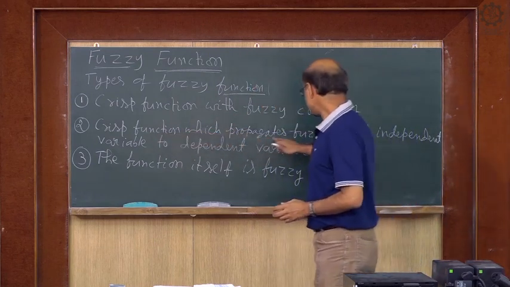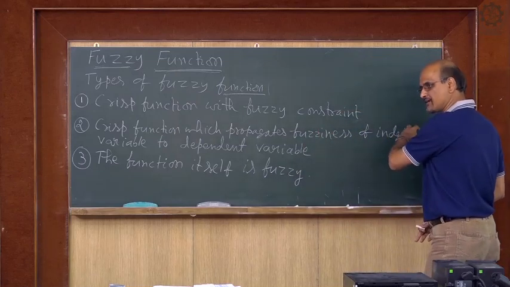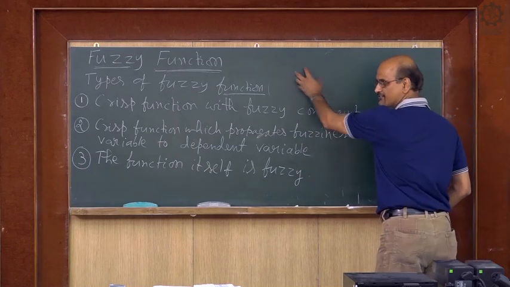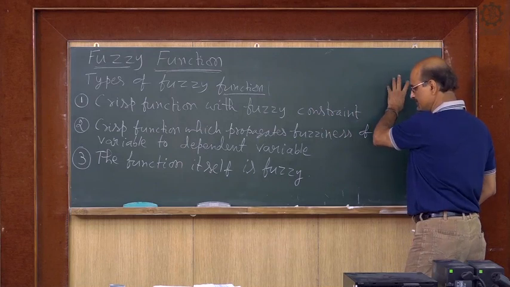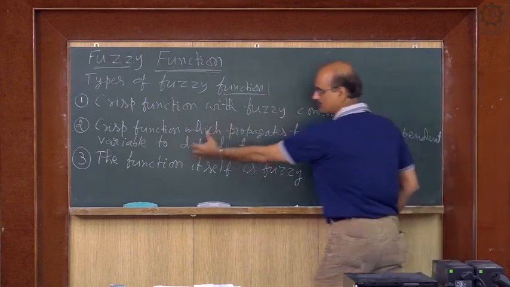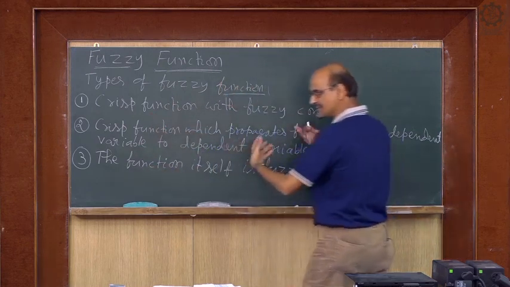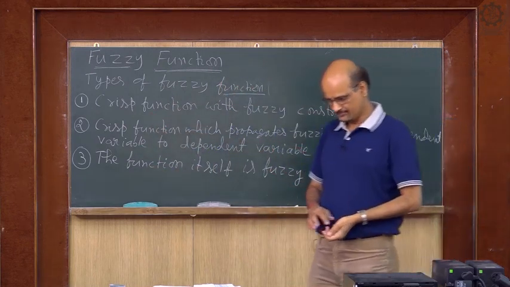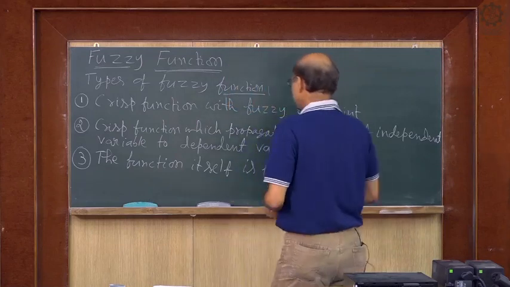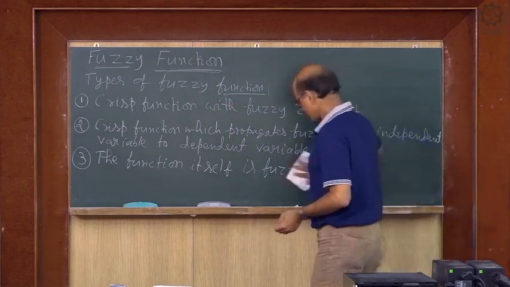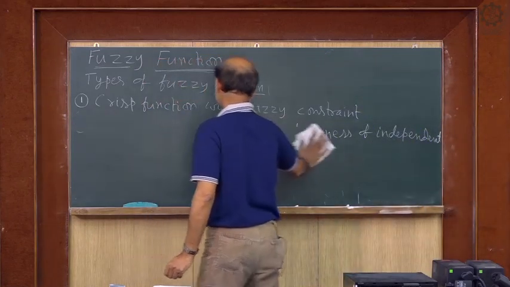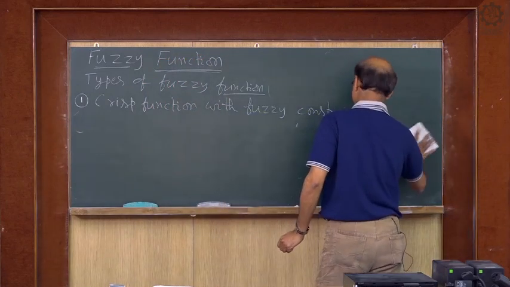Now, crisp function which propagates fuzziness of independent variable. If you have x left side, so f x will be dependent. So, that fuzziness will propagate to the dependent variable, that is your second. Third is the function itself is fuzzy. Fine. So, let us discuss now the first one, that means crisp function with fuzzy constant.